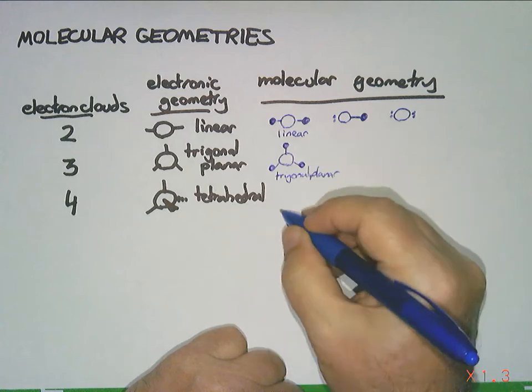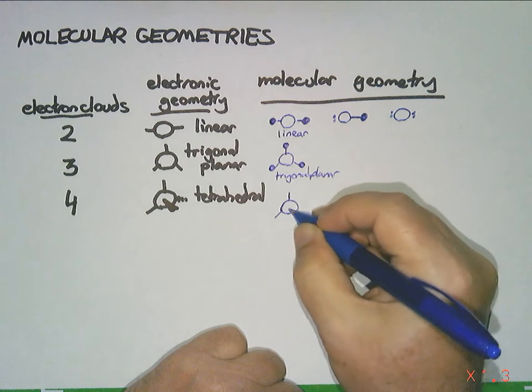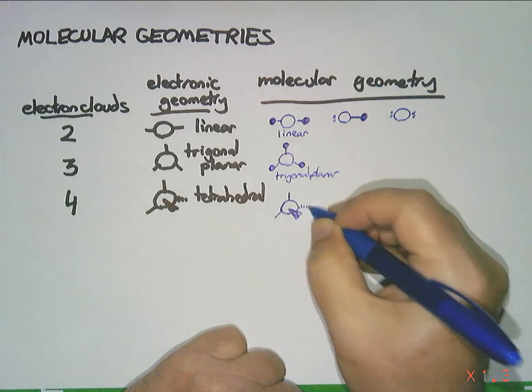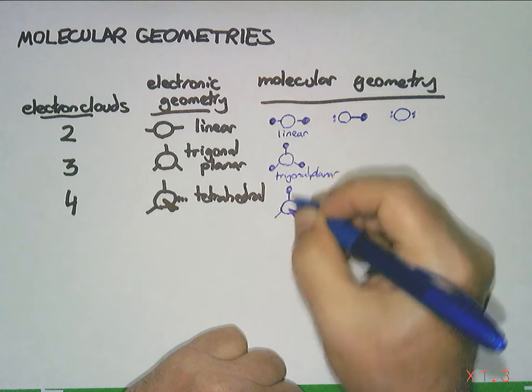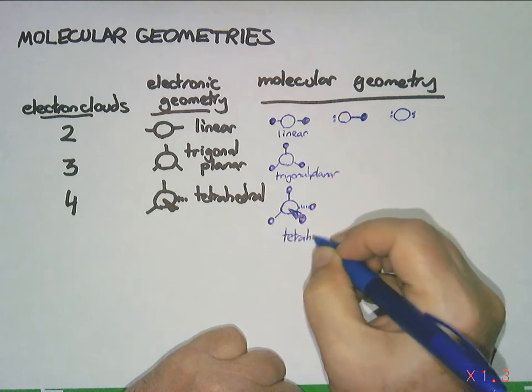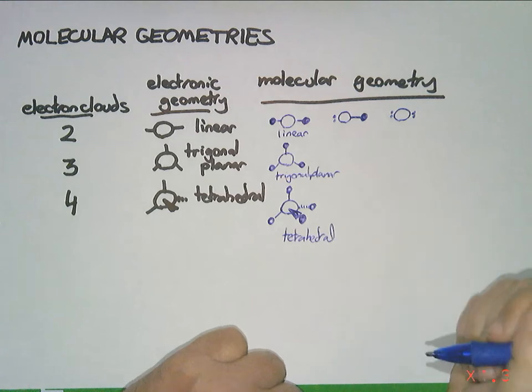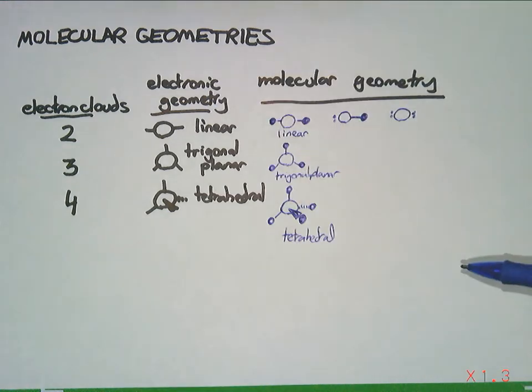And if you did this for the tetrahedral shape, put an atom on each arm, you would have a tetrahedral molecular geometry. So the molecular geometry and the electronic geometry are the same if you have no lone pairs.